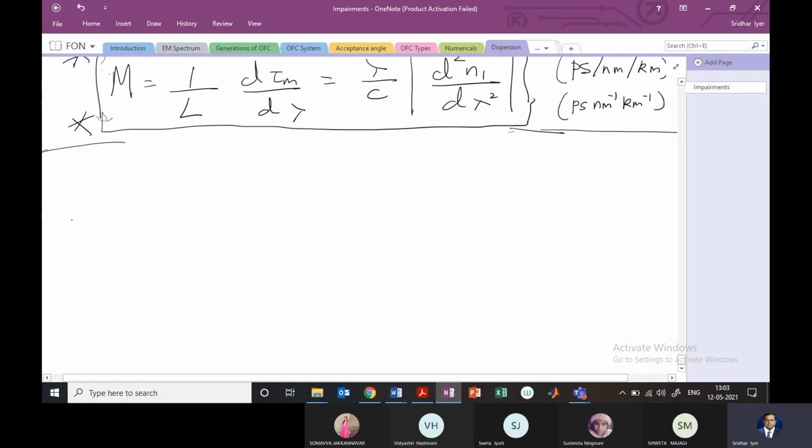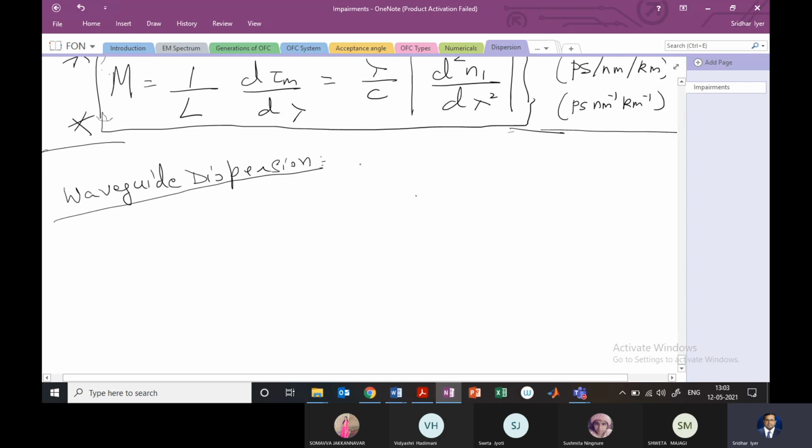So I'll just tell you what the waveguide dispersion does. This is the other kind of dispersion, the waveguide dispersion. The waveguide dispersion mathematics is complex, so I'll keep it very, very simple, as much as we need to understand waveguide dispersion. As the name suggests, it is the dispersion which occurs in the waveguide, and here the waveguide is the optical fiber.